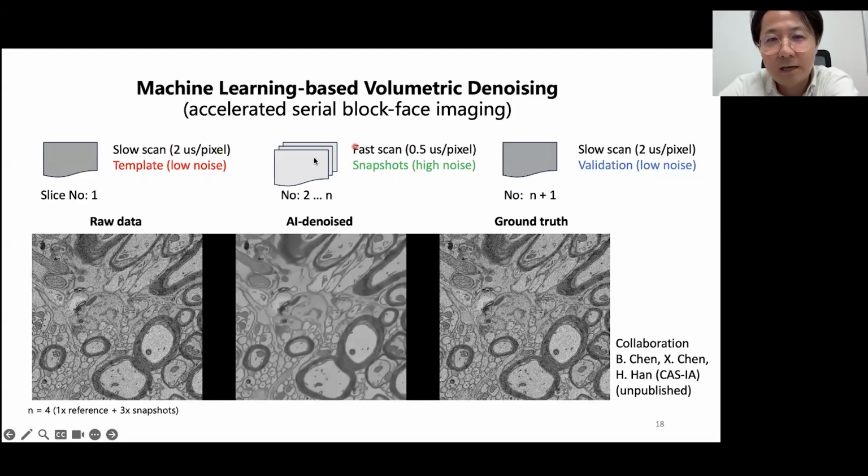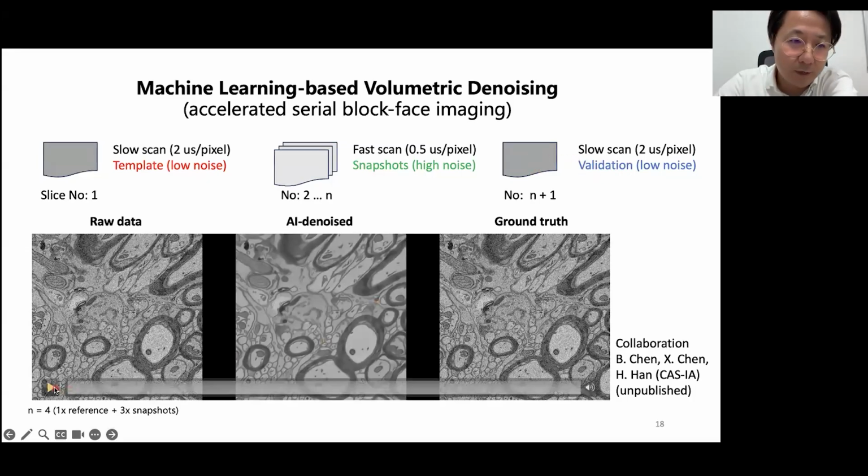Then we don't need to take every image like that. Afterwards, we take snapshots, like 0.5 microsecond per pixel. Of course, you have a lot of noise, but we just need to provide a little bit of information, and then we can validate the structure again with a slow scan reference.